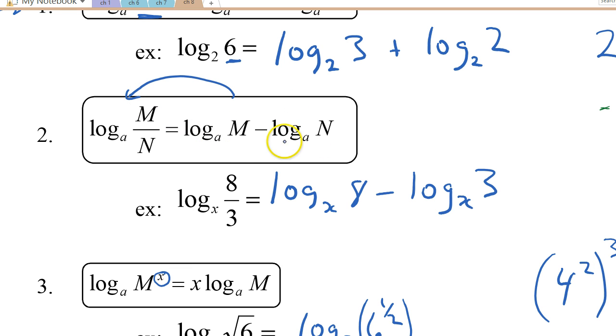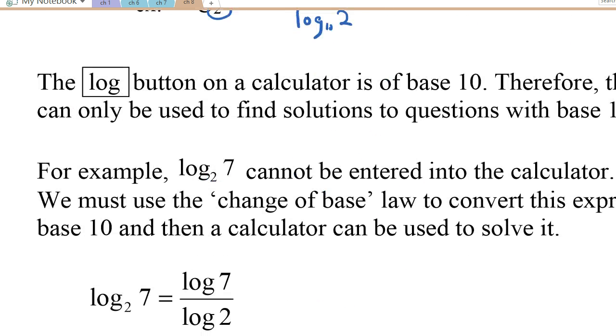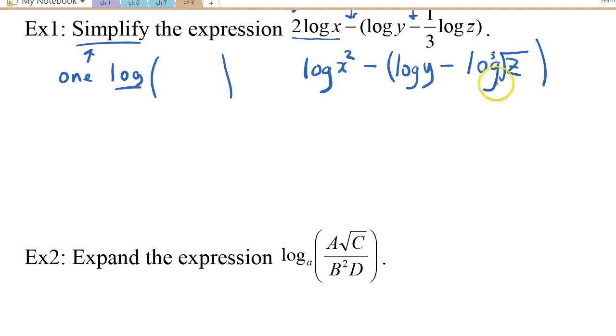If I've got 2 logs that are subtracting, I can put them as one log, and the log a of m minus the log a of n is m divided by n. So looking inside the parentheses, I can rewrite that as log of y. Well, I guess I need some more space here.